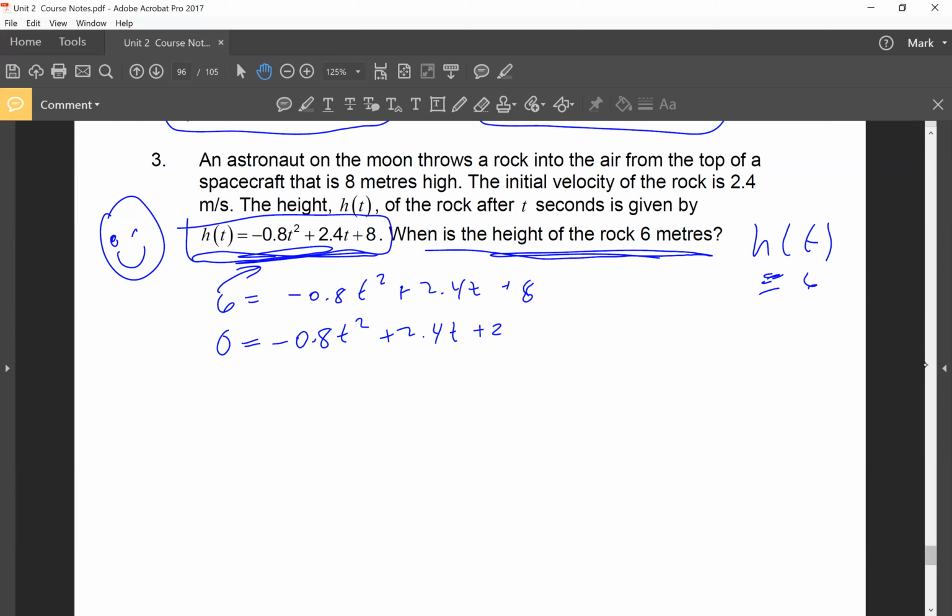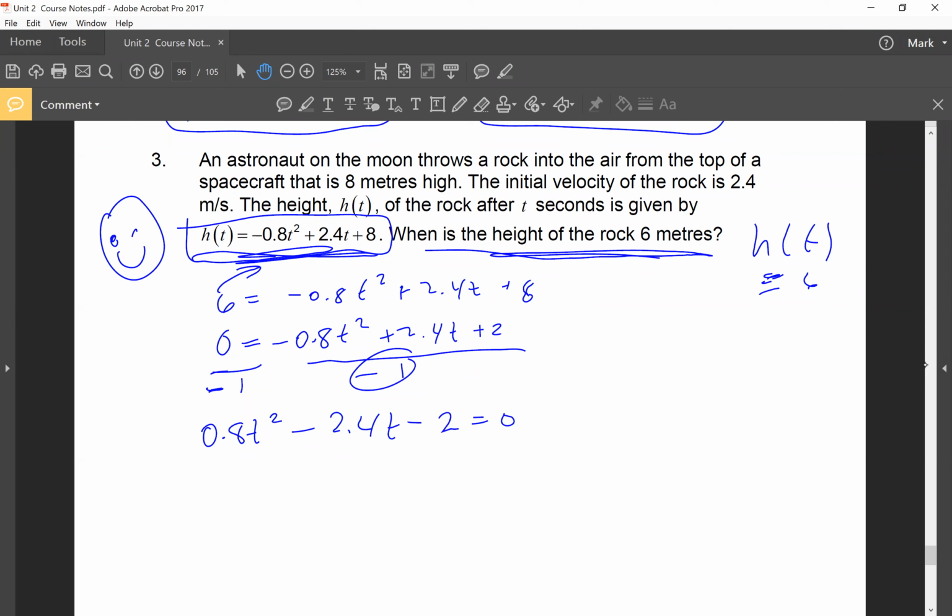Now, what I typically will do here in a math question is divide both sides by negative 1, so I get a positive first number. So 0.8 t squared, and I'm dividing by negative 1, so I'm going to have negatives here: negative 2.4 t minus 2 equals 0.